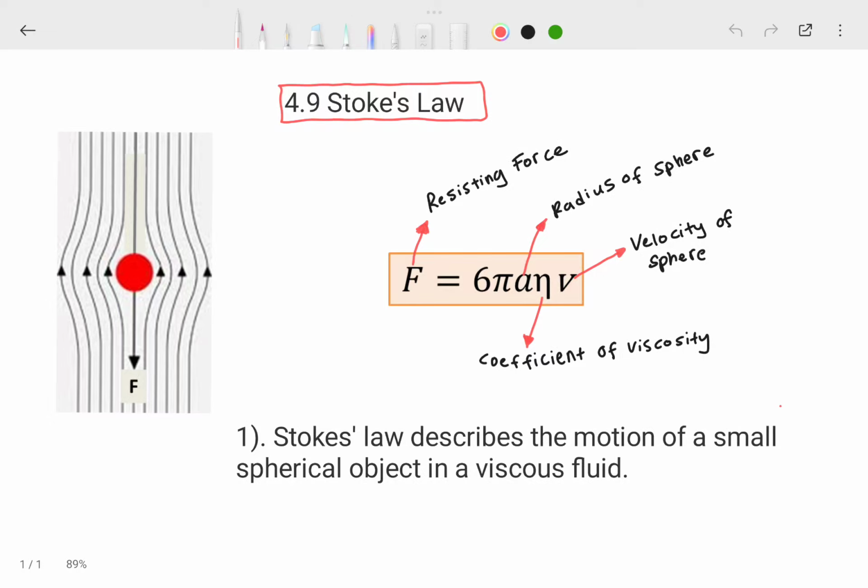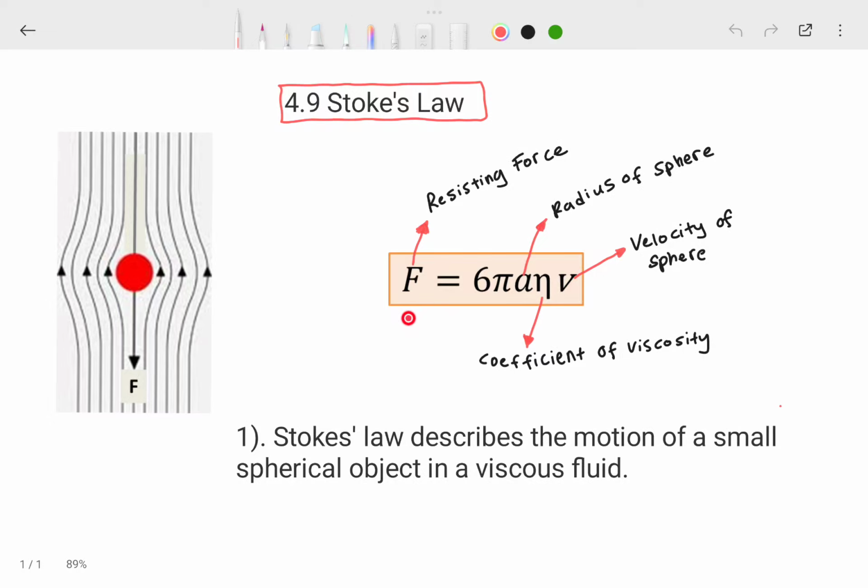So we can see here, when a body moves through a fluid, it experiences a resistive force. Resistive force means that a body or object moving through a fluid experiences a resisting force, represented by the symbol F.